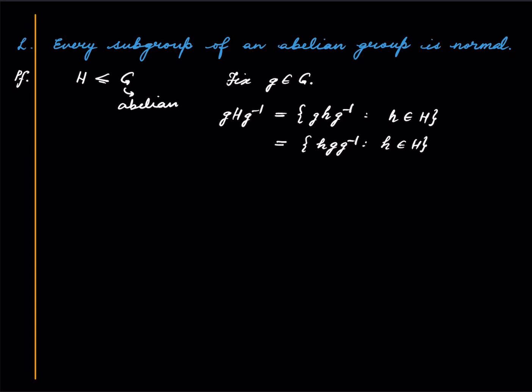Any two things in G commute. So this is equal to H, and therefore gHg inverse equals H for all g, since g was arbitrary, and this shows normality of the subgroup H.